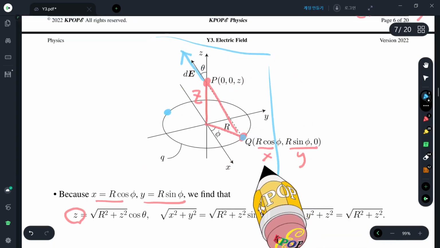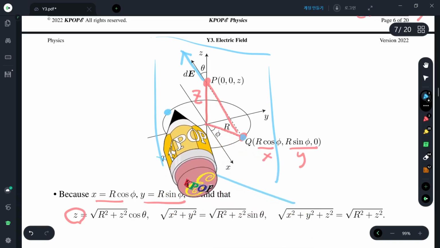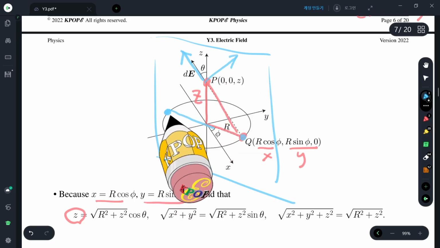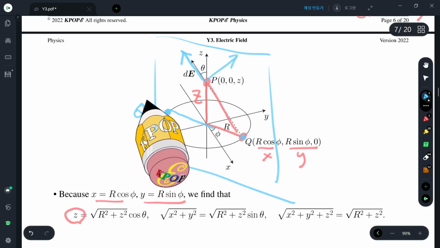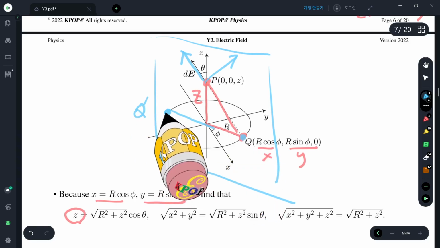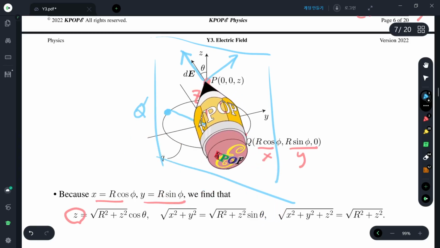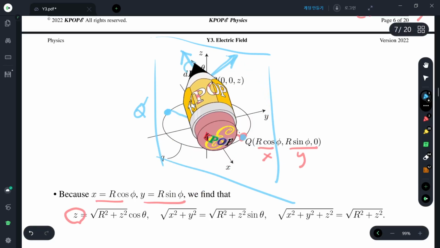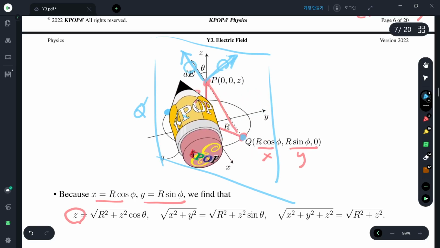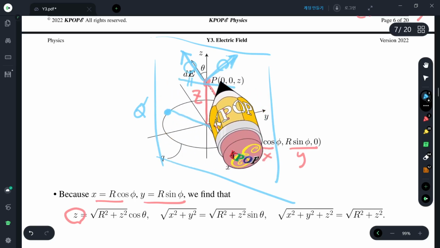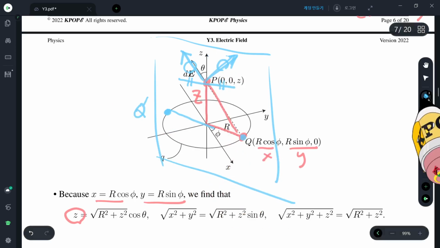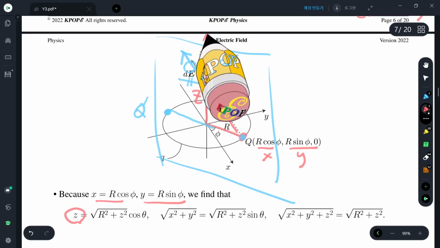We can draw a cross-sectional plane and find that the contribution coming from Q prime, that is the opposite side, has a symmetric contribution to the electric field. However, in this direction, they have an exact cancellation along this axis. Therefore, the only contribution that survives is along the z-axis.